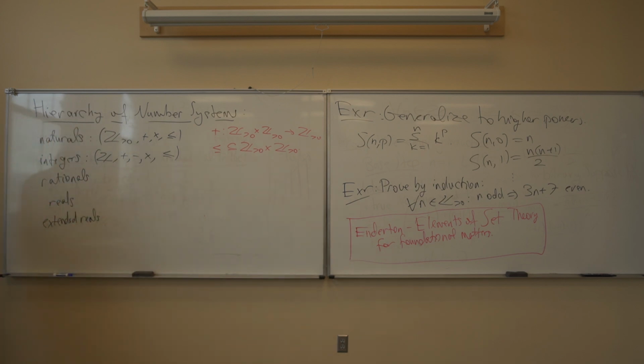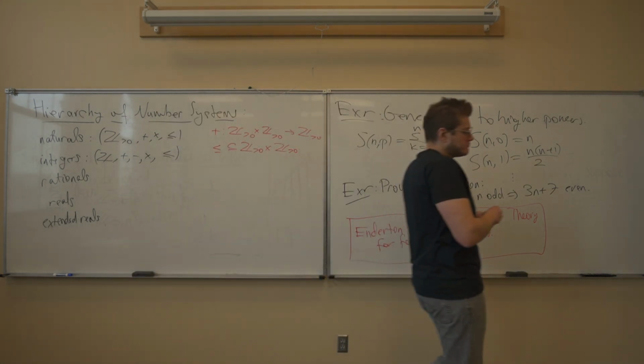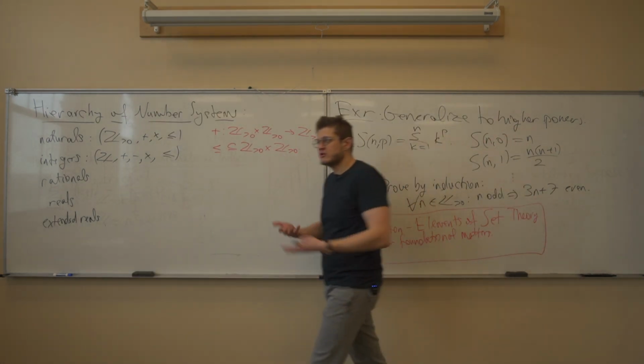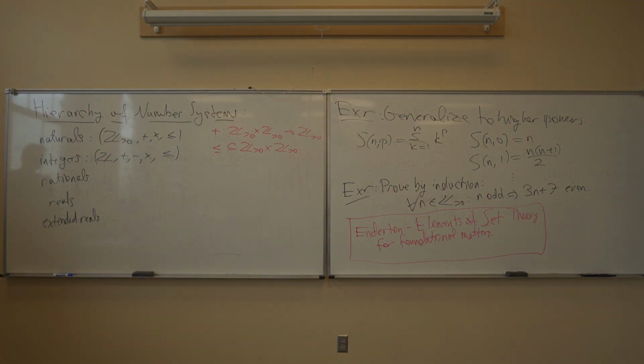Okay. Now, if you want to be formal about things, you also want to be formal about what it means to go from here to here. In other words, you want to be able to construct integers from naturals. And so that boils down to this idea of doing things with integers without saying that you're doing things with integers.